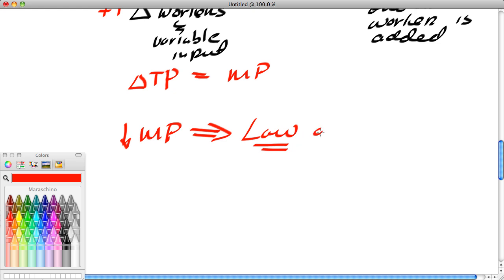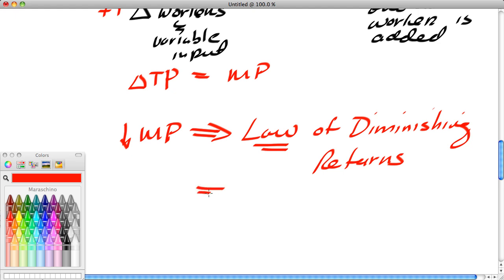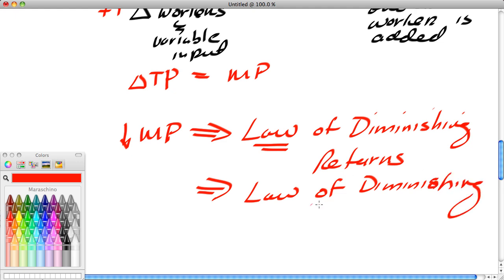So this is the law of diminishing returns, which is really the law of diminishing marginal product.